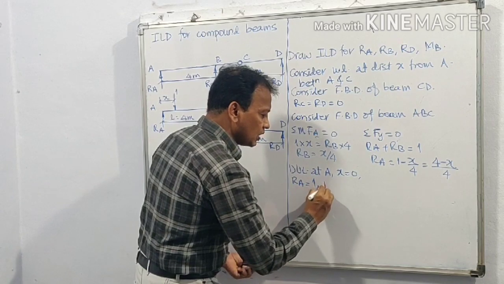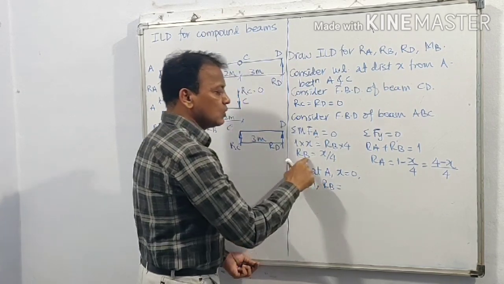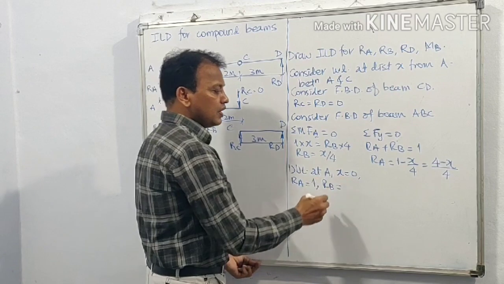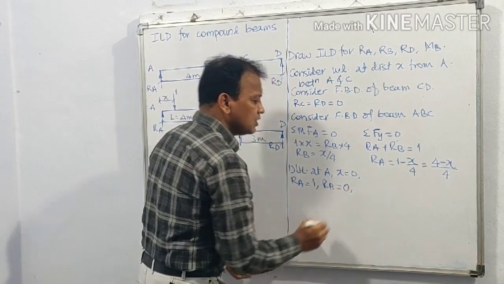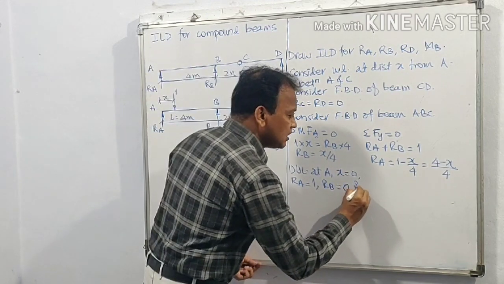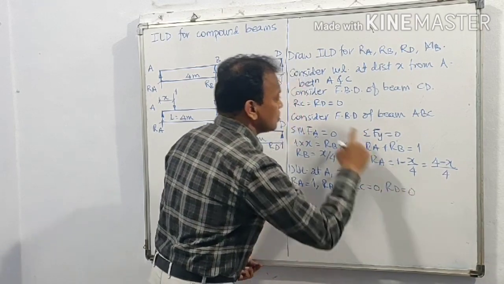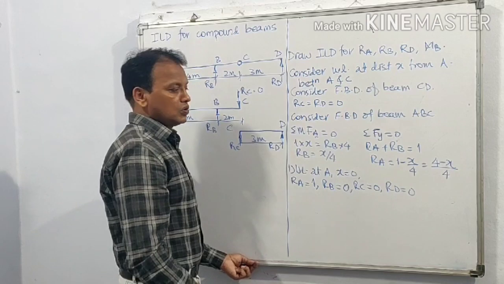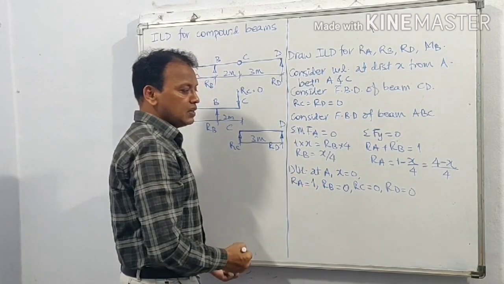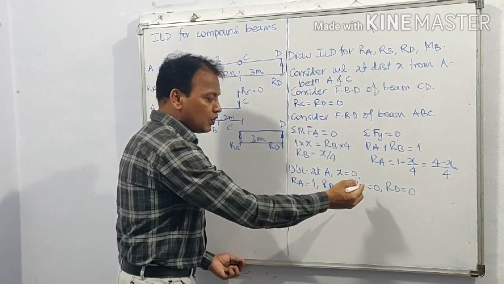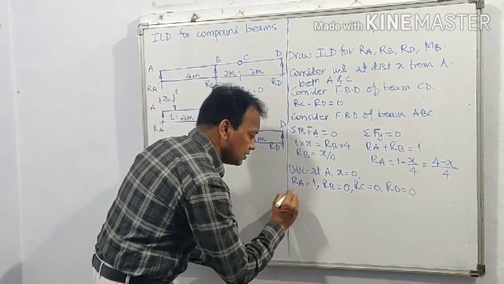Therefore, RA is equal to 1. RB is equal to X upon 4. X is equal to 0. RB is equal to 0. RC is equal to 0 and RD is equal to 0. So when unit load is at A, we have found values of RA, RB, RC and RD.